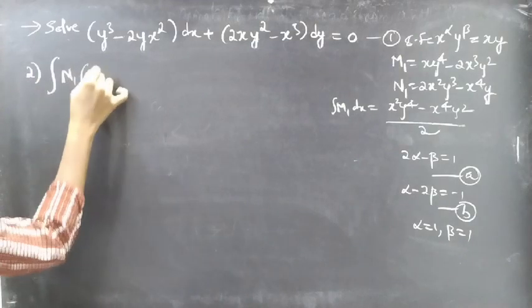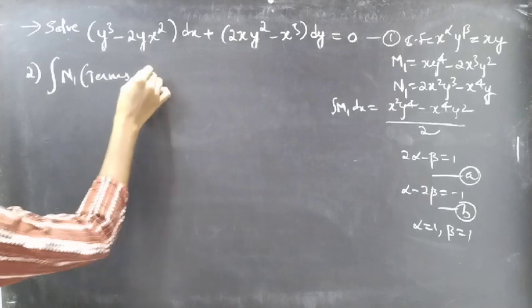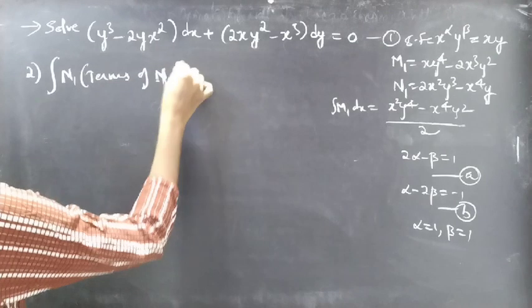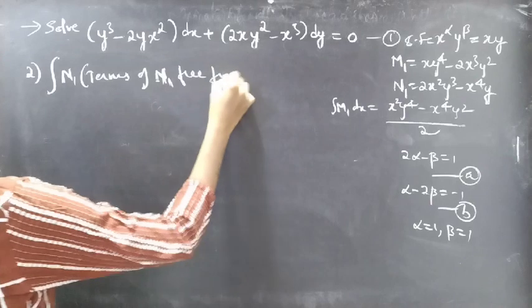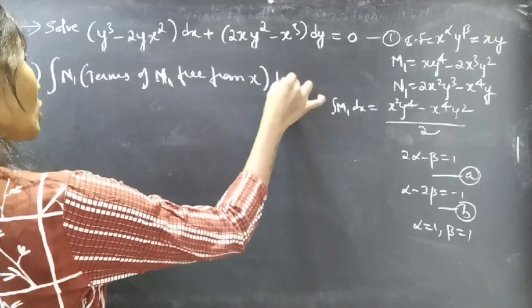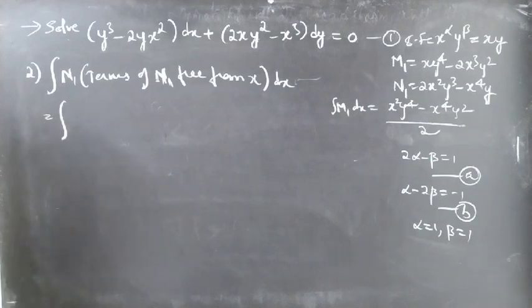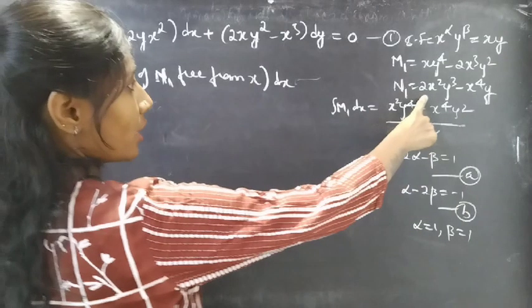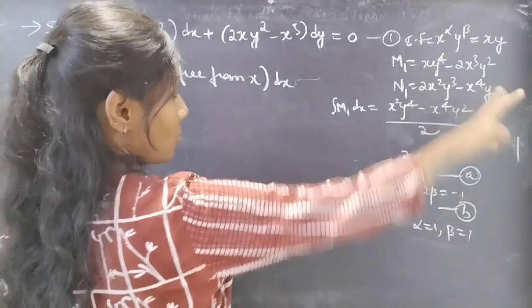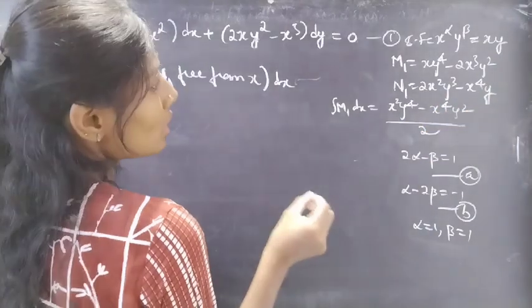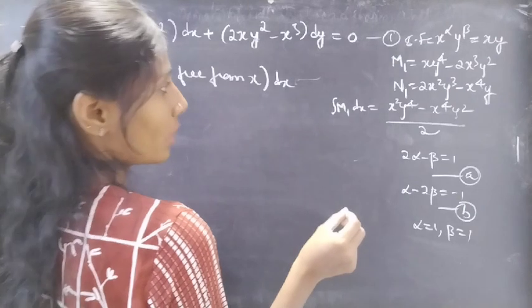Integral of terms of N1 free from x, into dx. Just observe N1. You're having N1 equal to 2x square y cube minus x power 4 y. We don't have terms which are free from x, right?